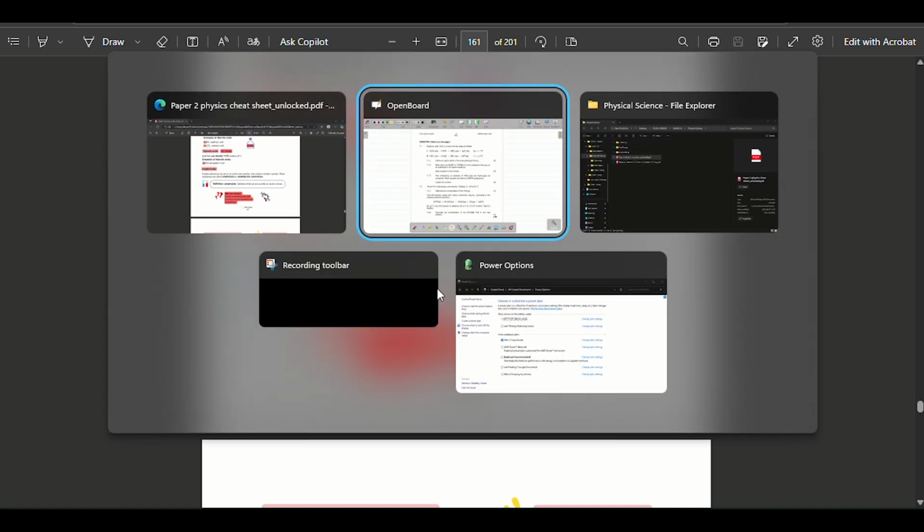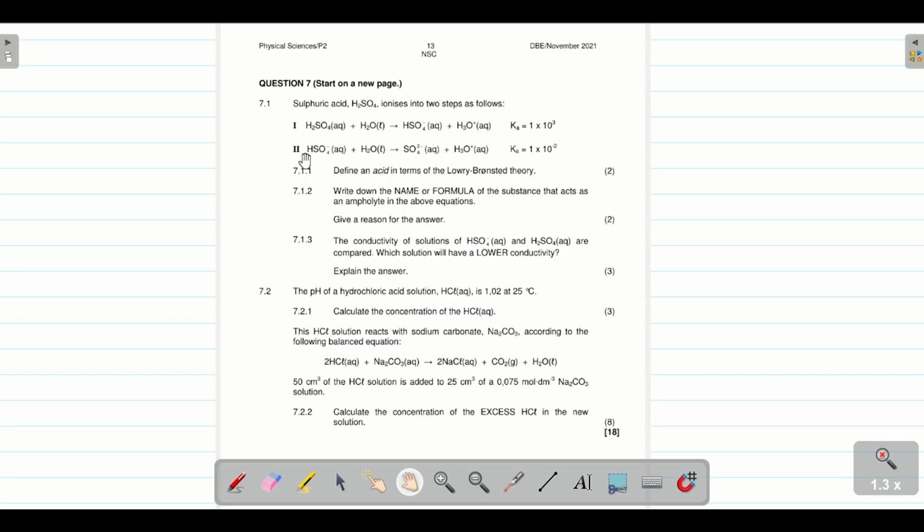So let's go back to these two reactions. We can see in reaction 2 that we start off with HSO4 minus, and it donates a hydrogen ion to form SO4 2 minus. And here we have HSO4 minus again, formed from H2SO4 losing one hydrogen ion. Both of these are hydrogen donating reactions, so these here are acids.